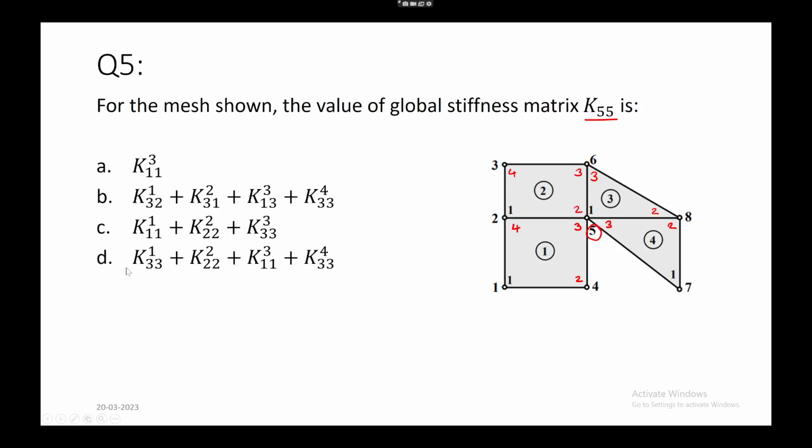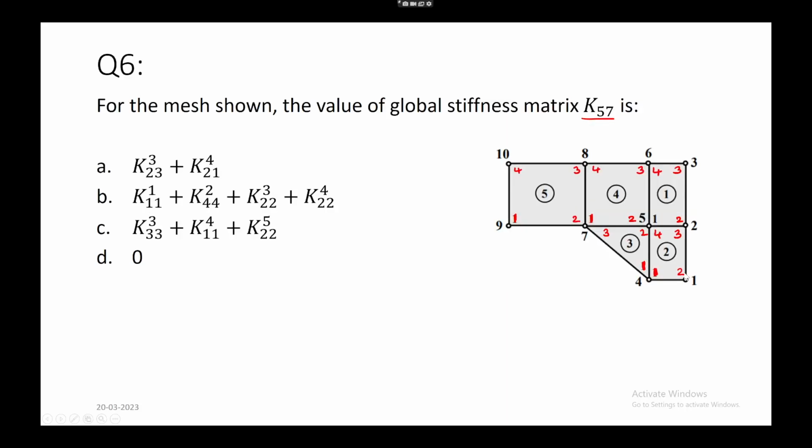I will also make this red for convenience. So 5 7. First of all, this is my global 5, this is my global 7, which means this is the line which I am concerned with.